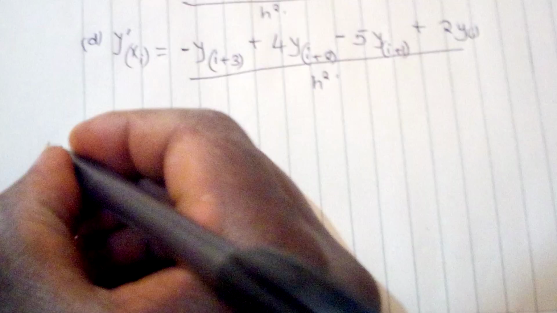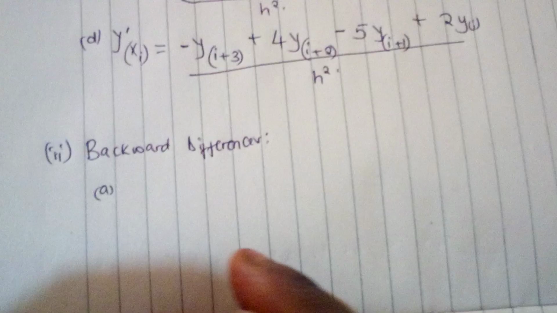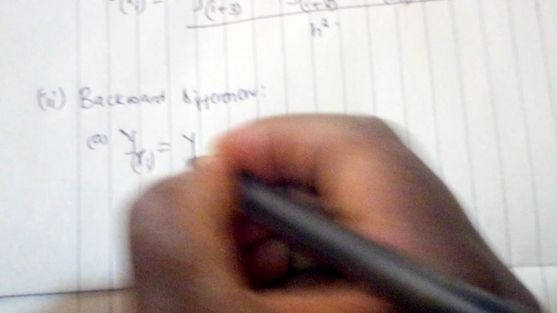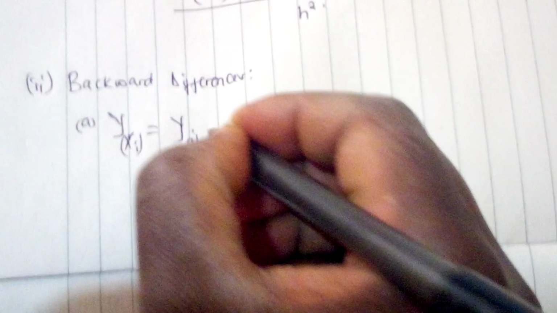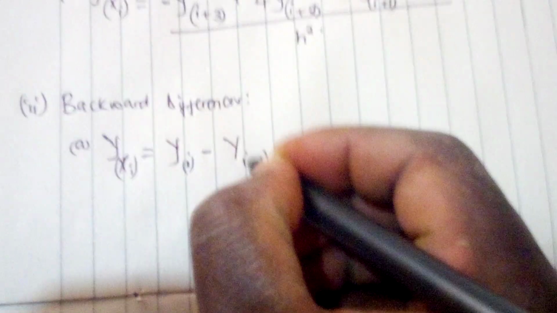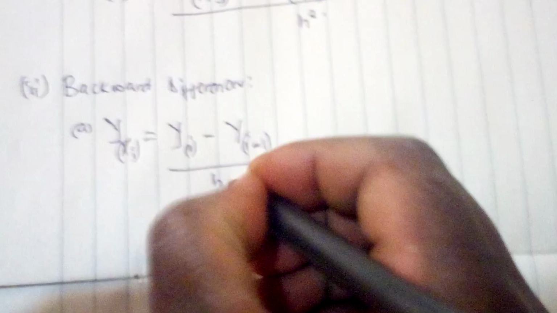Then we have number 2, backward differences. We have the following formulas. We have A, we have y prime xi is equals to y i minus y i minus 1 divided by h.